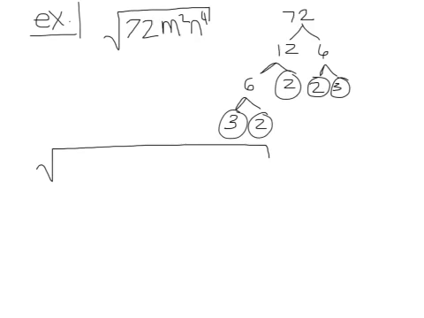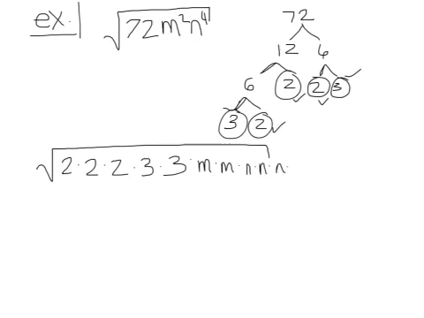So I'm going to pair my 2's. So I have 1, 2, 3 2's, and I have 2 3's. Boom, boom. And then we have m squared, which is simply m times m. And we have n to the 4th, which is n times n times n times n. So let me just make sure that stays in the radical. There we go.